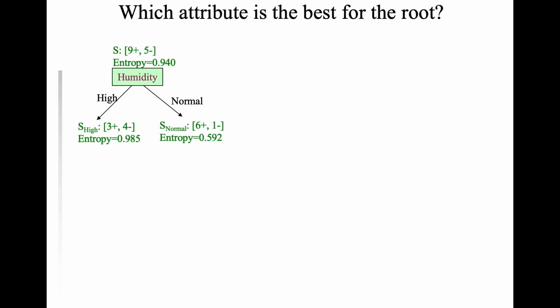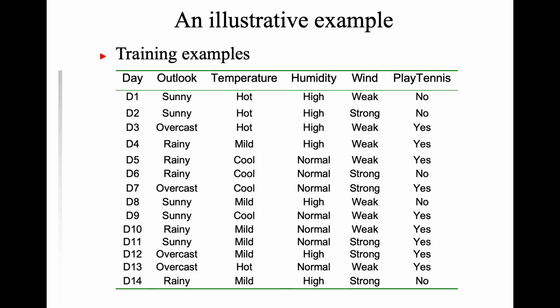So our S here, what does that 9 plus, 5 minus mean? We have 14 days in our data, right? We had D1 to D14. And if you go back to this data, how many of them are no, how many are yes? You look at the class labels: 5 of them are no, 9 of them are yes.